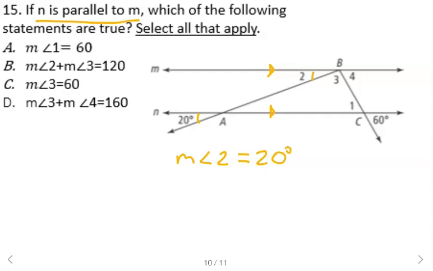I also notice that I have alternate interior angles here. So the measure of angle 4 and the measure of angle 1 must be congruent. And angle 1 and the one that is labeled as 60 degrees are congruent as well, because those are vertical. So measure of angle 1 equals 60. We can say the measure of angle 4 equals 60.